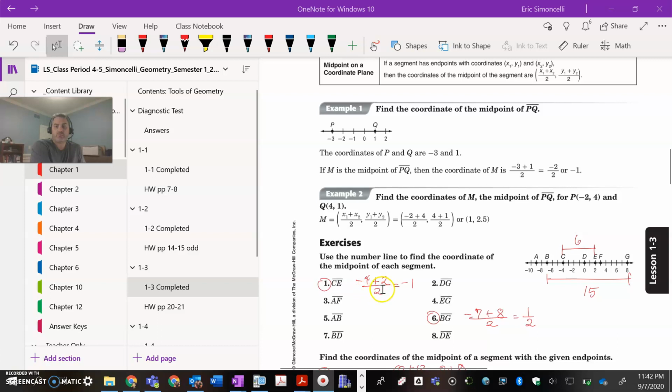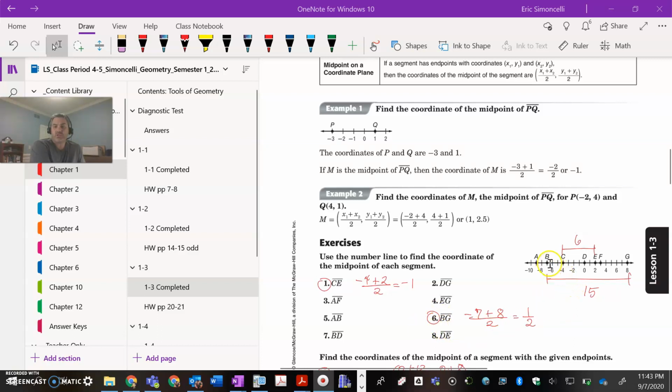Nonetheless, -4 plus 2, right? -4 plus 2 divided by 2, so you're averaging -4 plus 2, which is -2 halves, -1. So -1 in fact is halfway, 3 units to the right, but also 3 units to the left of the 2 endpoints, C and E. BG is the next segment we're going to find the midpoint of, number 6.